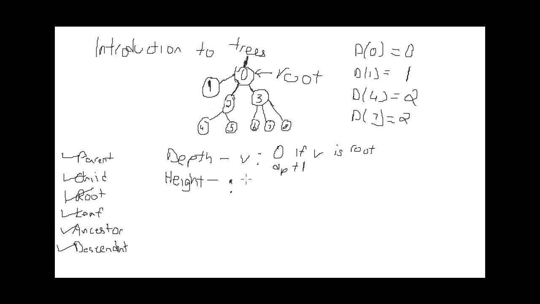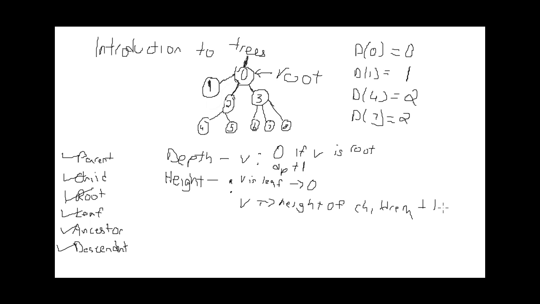If a node V is leaf, its height is 0, else the height of V is the maximum of the heights of its children plus 1. So what do I mean by this? So basically, for any node, if it has more than one child, then you find the maximum height of the child and then add 1 to it.